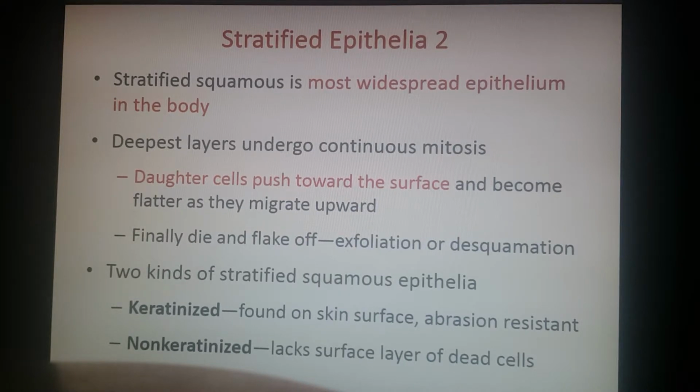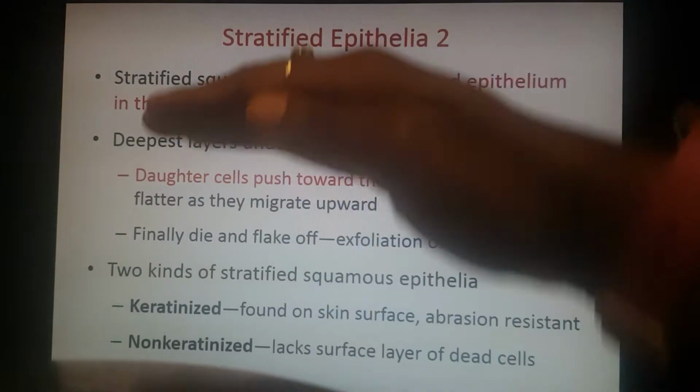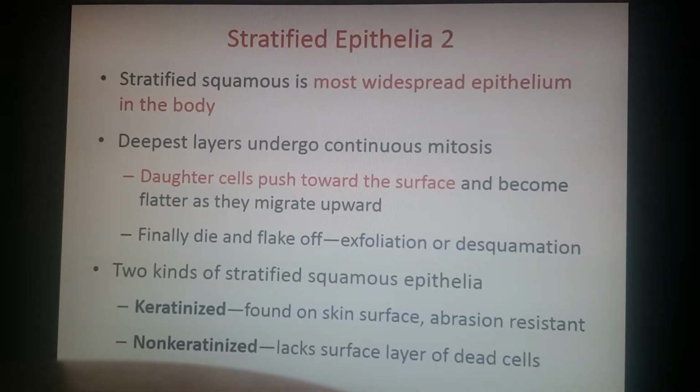And then as the new cells, or our daughter cells, are born, they'll push up the older cells, and the older cells will flatten or become smaller as they migrate upward, except for our transitional epithelial. The larger cells are up top.